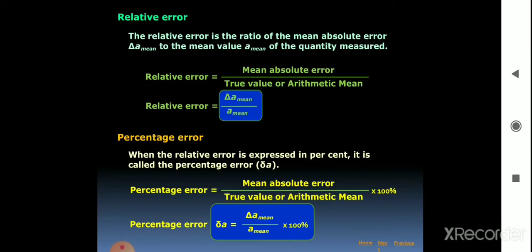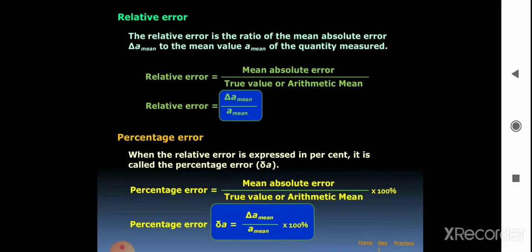So relative error is the ratio of mean absolute error to the true value or arithmetic mean. In terms of expression, we can write relative error is equal to delta A mean divided by A mean. Relative error is the ratio of mean absolute error to the true value.